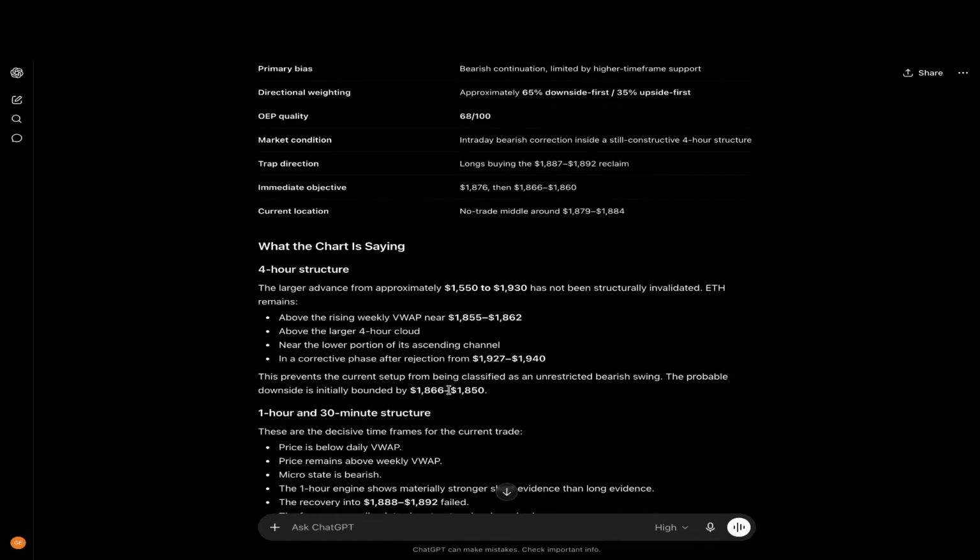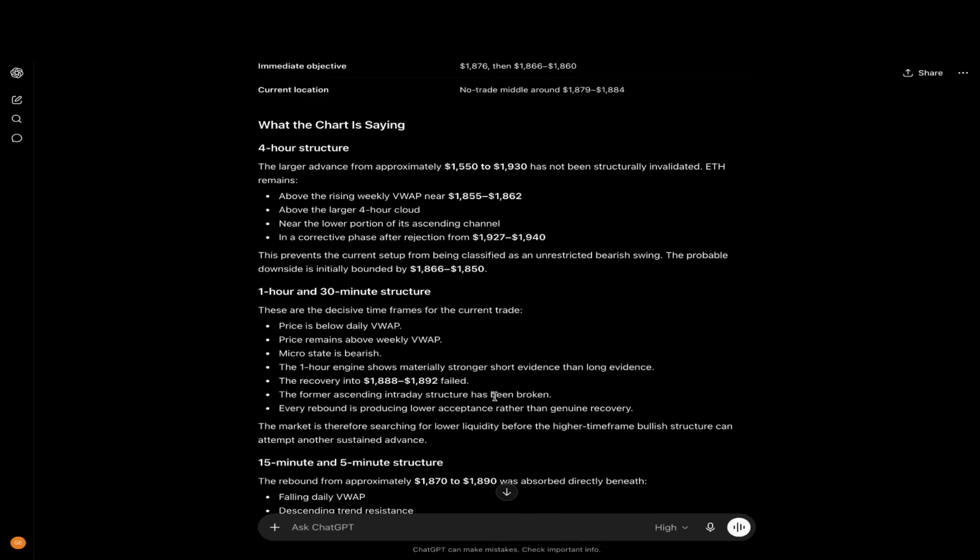So this prevents the current setup from being classified as an unrestricted bearish swing because there's a lot of support. The probable downside is initially bounded to 1866 through the $1,850 range.